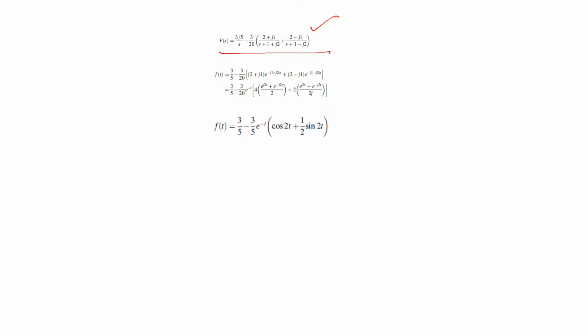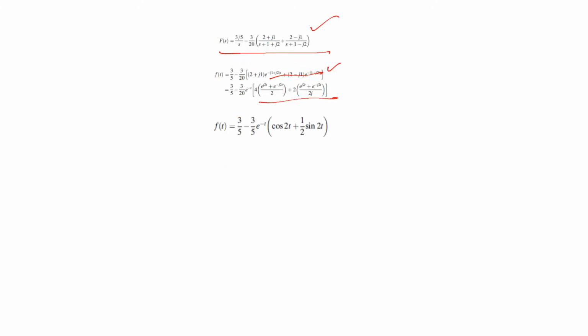Finally, we represent this, find the inverse Laplace transform of that, use the identities that we previously discussed, and finally we will get this function in the time domain. So in this way, and in different ways, we can find the partial fraction expansion.